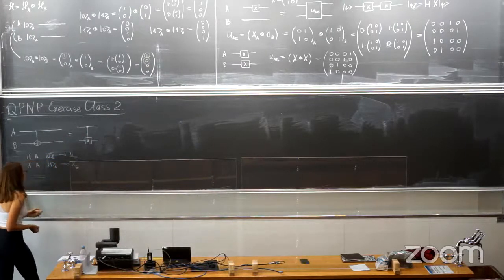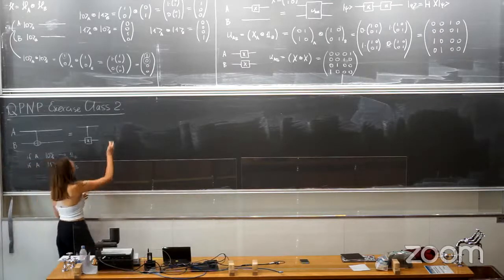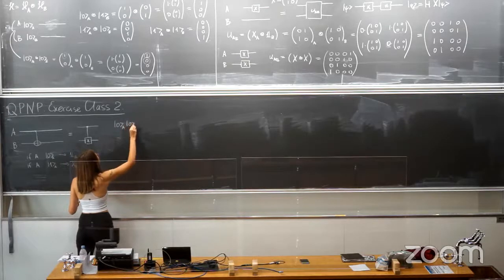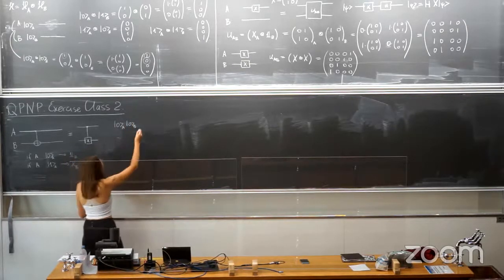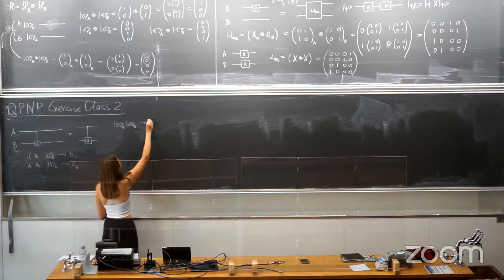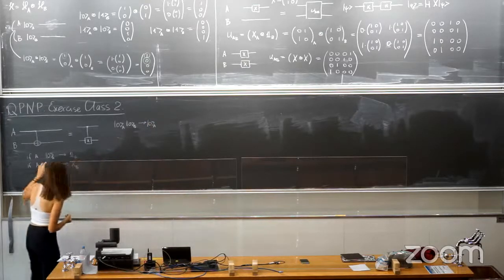For example, if the initial state of the two systems is this, then the final state would be 0 0.